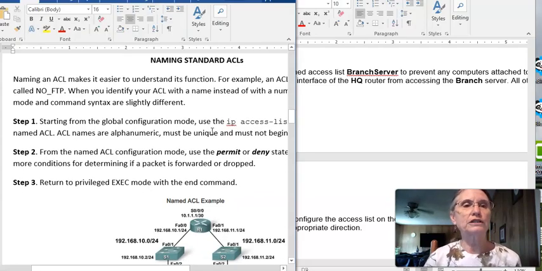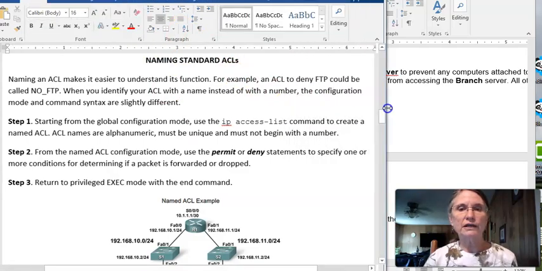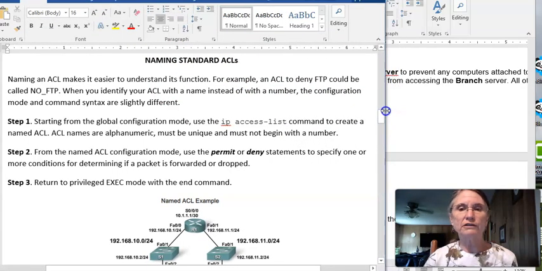It's a worksheet that's entitled ACL Syntax and Overview, and there is a section on naming standard ACLs, access control lists.